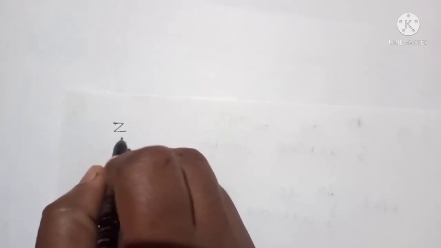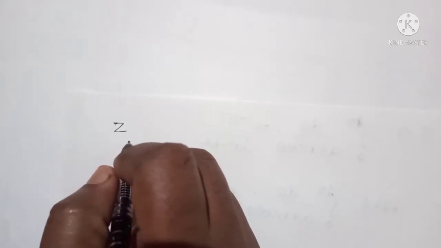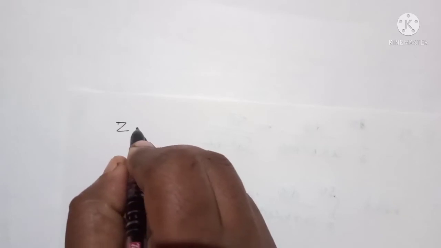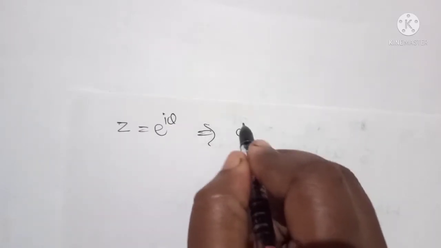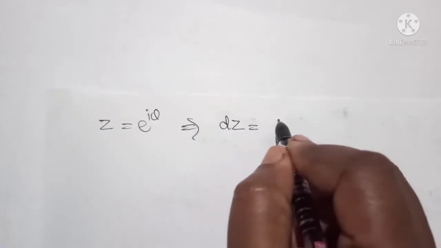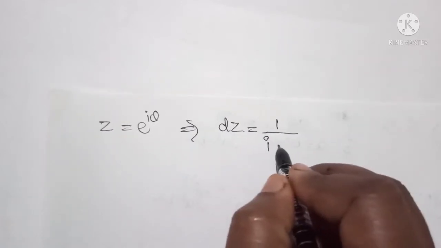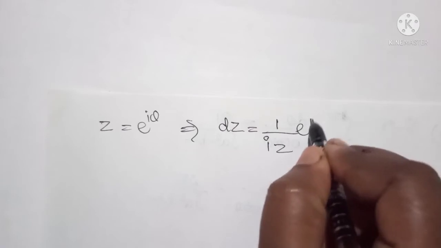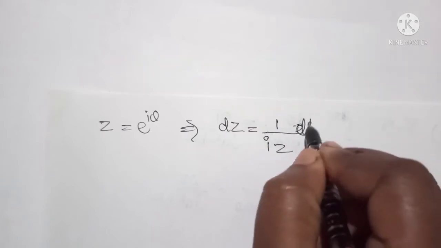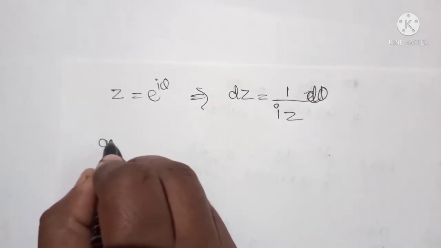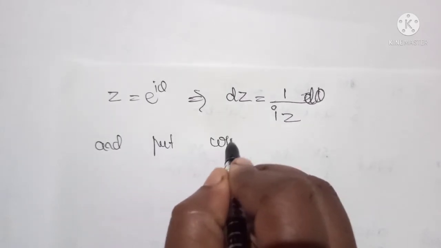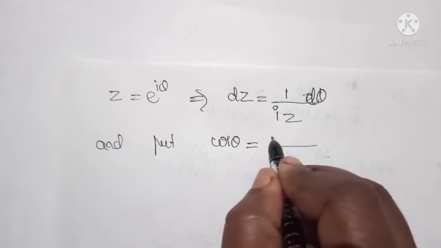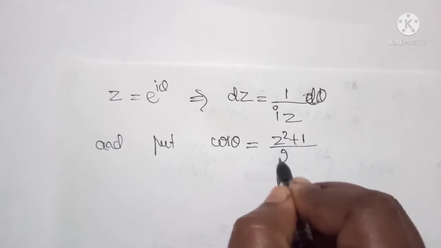Now to evaluate this integral from 0 to 2 pi, we put z equals e raised to i theta. So integrating and simplifying, we get dz equals i z d theta, that is, d theta equals dz by i z. And here we have cos theta, therefore put cos theta equals z square plus 1 divided by 2z.